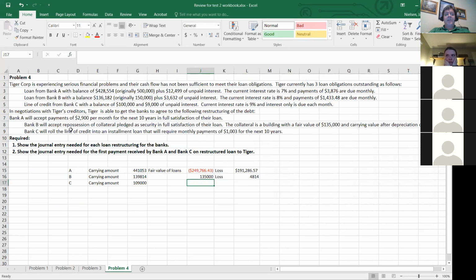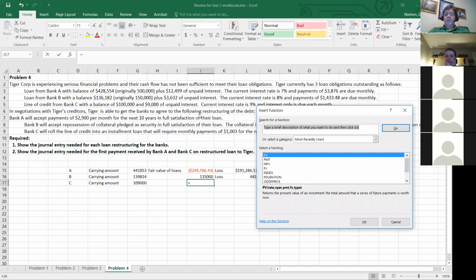And the last one is going to be a payment of $1,003 for the next 10 years. So again, we're going to do the present value.